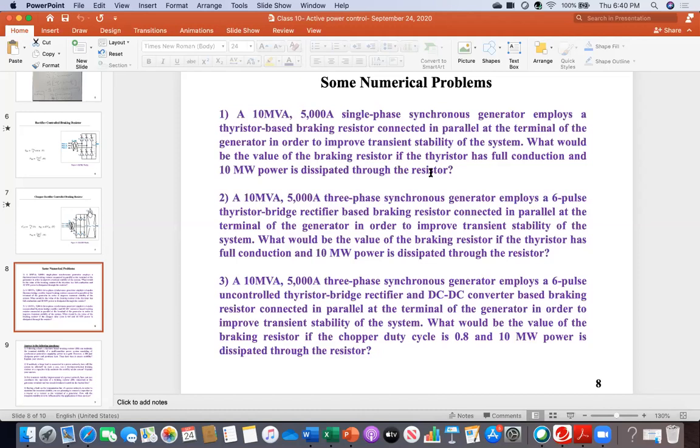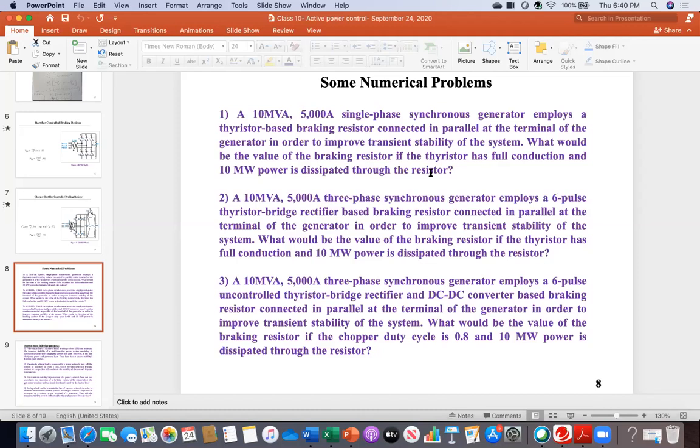What was your VL value? My V value for the line to line is 2000. No, that is wrong. That was the 2000 for the first problem. Look at the very first line of the second problem.